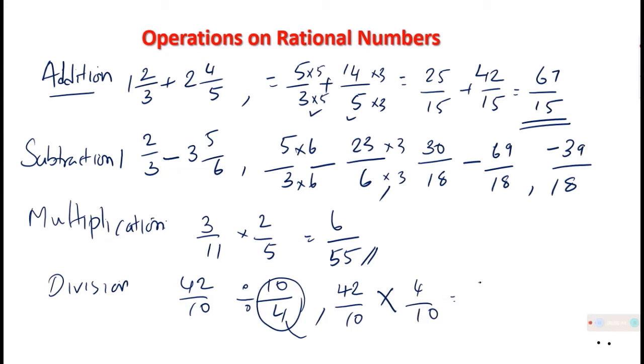That is 168 upon 100. This is what you know and you studied in the previous classes. So you have studied the fundamental addition, subtraction, multiplication and division of rational numbers. So I went a little quickly because you know it.